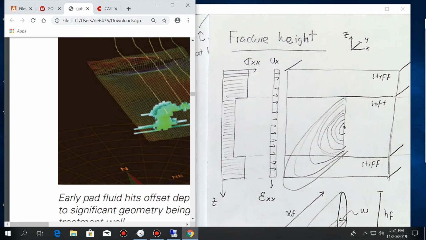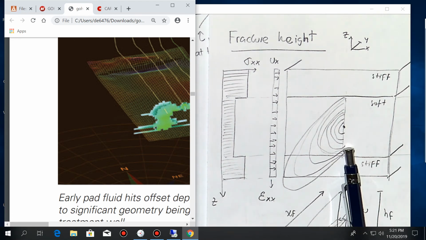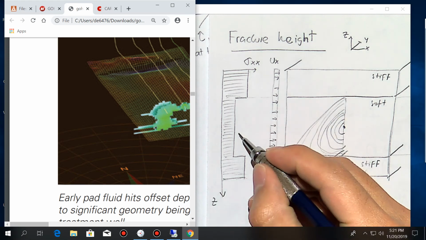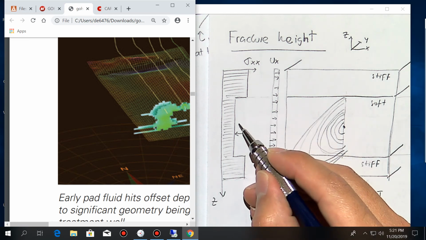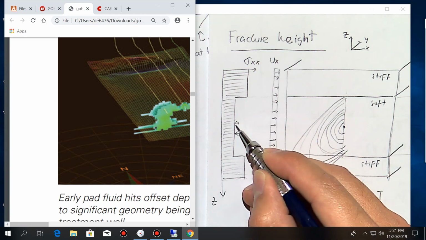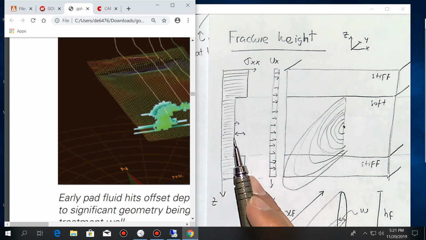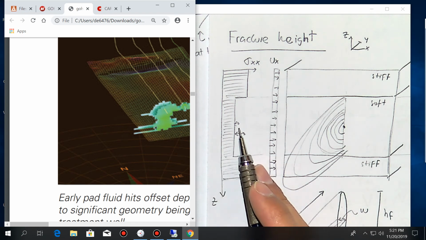The fracture in this case is going to stay in a layer as long as the distance between this and that is higher than the net pressure, which means if I have a small net pressure, let's say somewhere from here to here, very likely the fracture will just stay in this location.